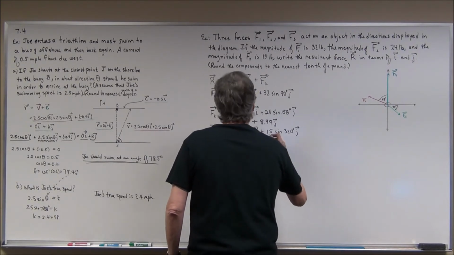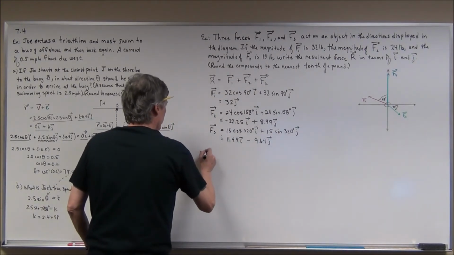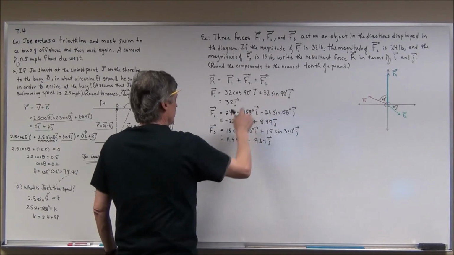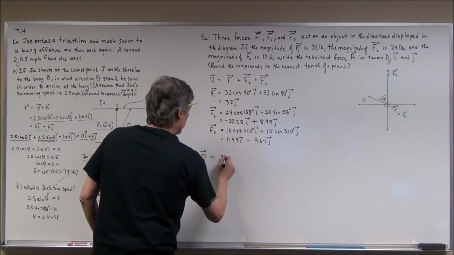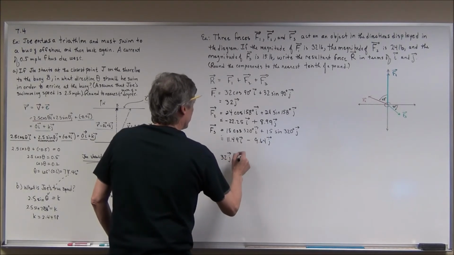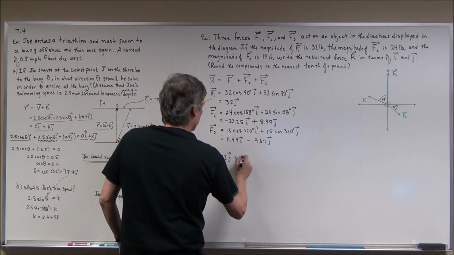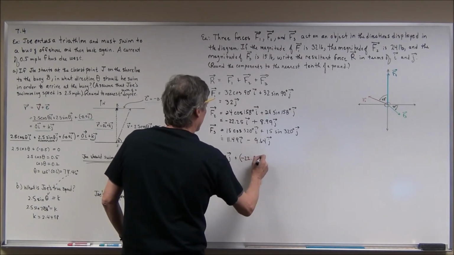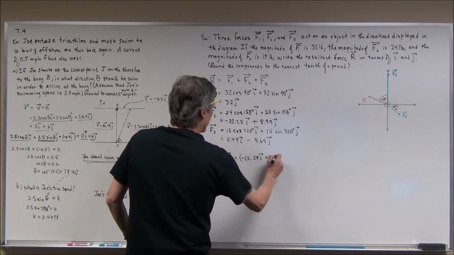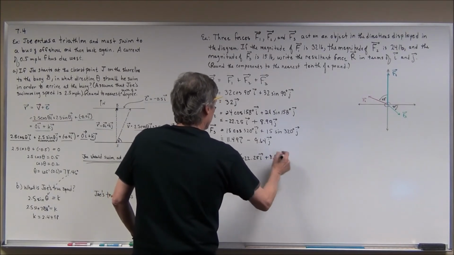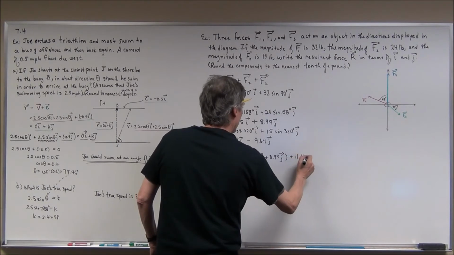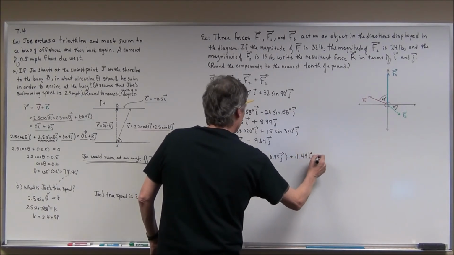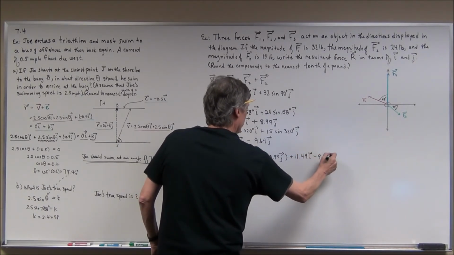So vector R is going to equal the sum of all these. So I've got 32j plus, I'll just write it like this, negative 22.25i plus 8.99j plus 11.49i minus 9.64j.